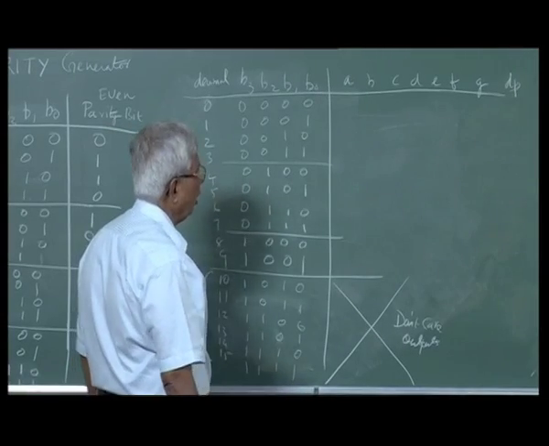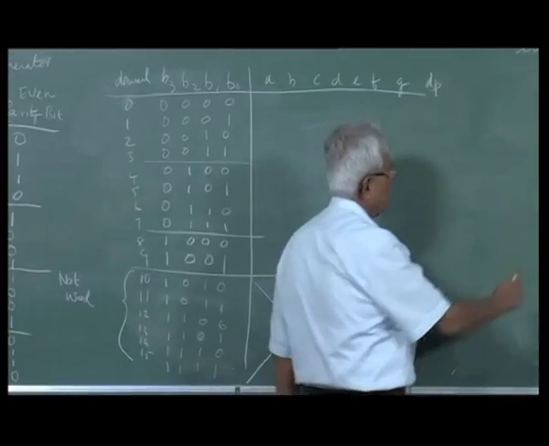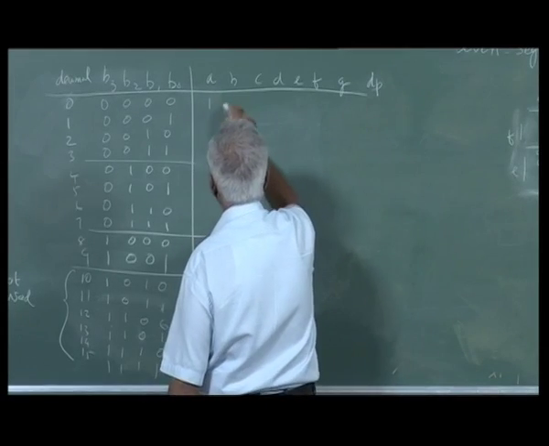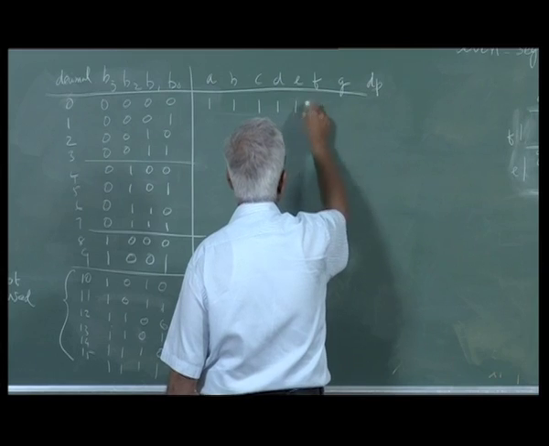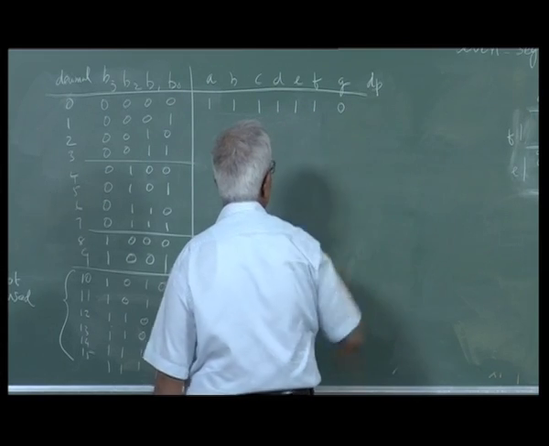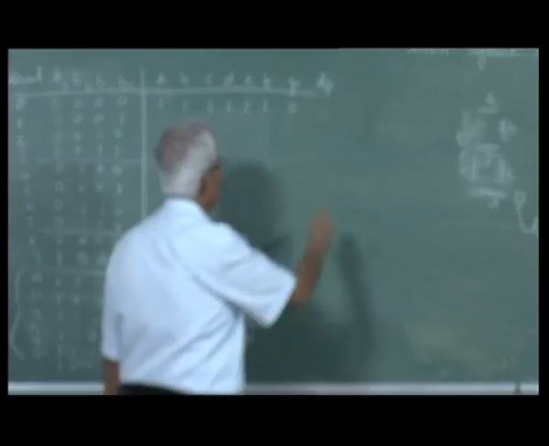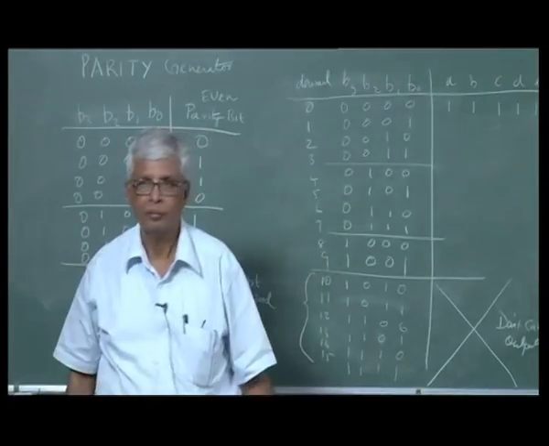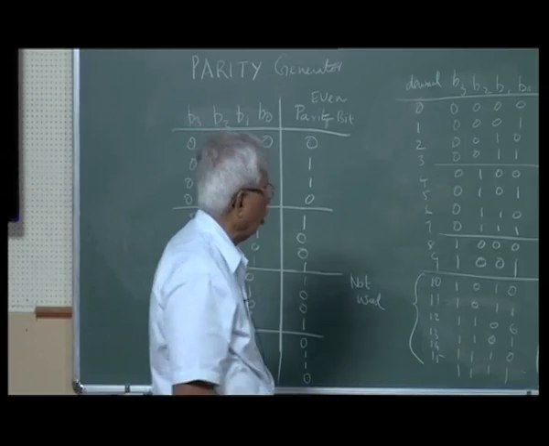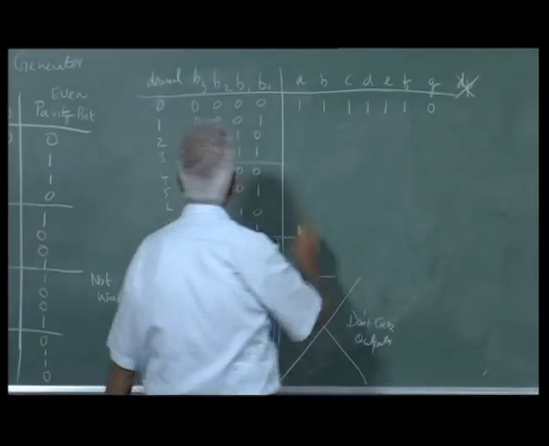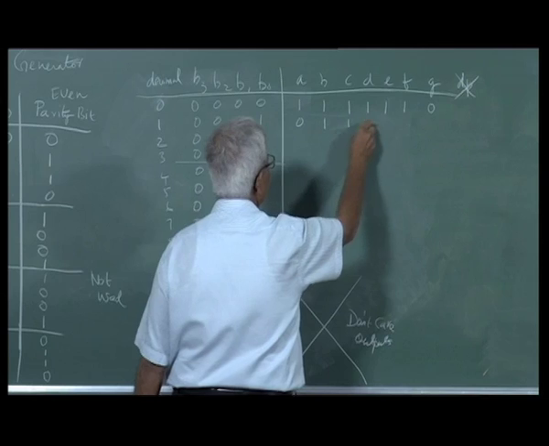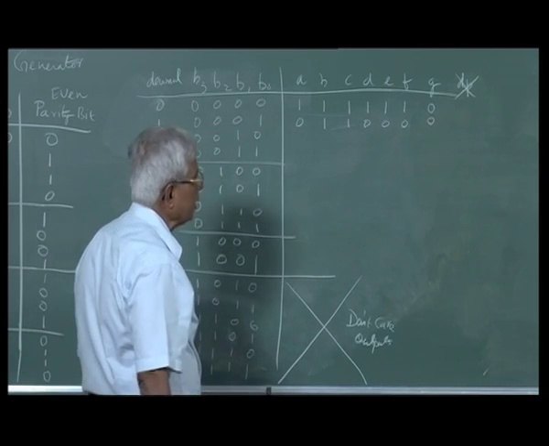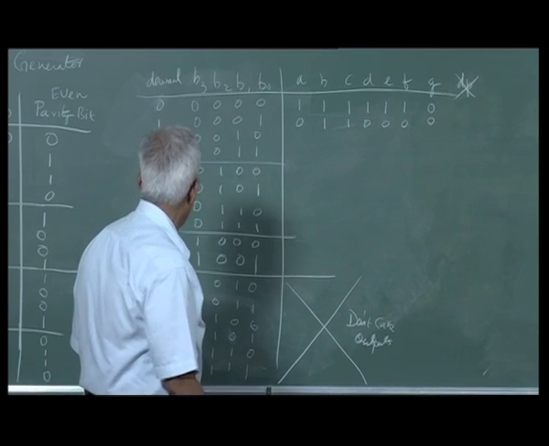For 0, I want A, B, C, D, E, F. G need not be present. I will leave decimal point now. If you want, you can add it. For 1, B and C. And like that I can write. For 8, everything has to be on.